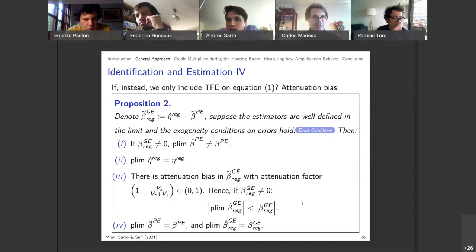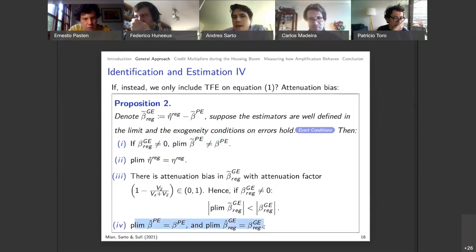You're not going to recover the whole G multiplier that you have in your data. And 1 and 2 explain mechanically what's going on. Result 2 says your regional elasticity is still fine. What's happening is that you are messing up your partial equilibrium effect. I'm going to come back in a second to the intuition on that.